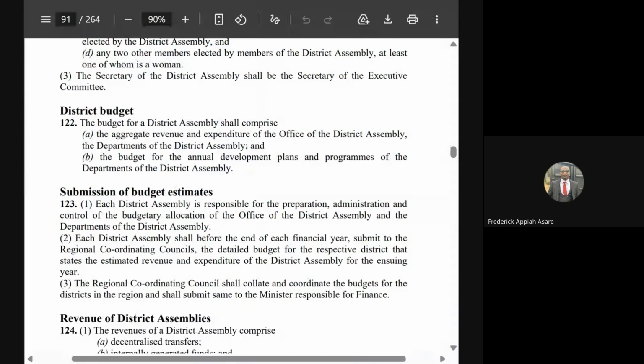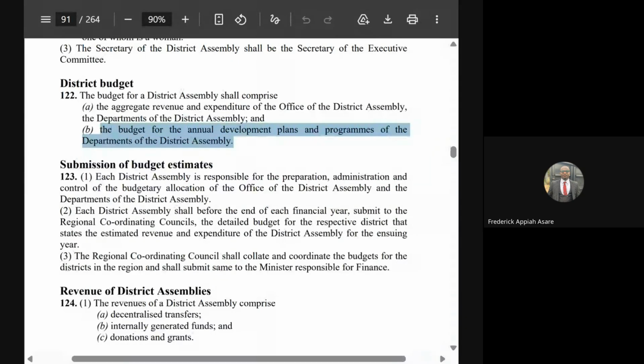Now we have the district budget. The budget for the district assembly shall comprise the following: A, the aggregate revenue and expenditure of the office of the district assembly. Then B, the budget for the annual development plans and programs of the departments of the district assembly.